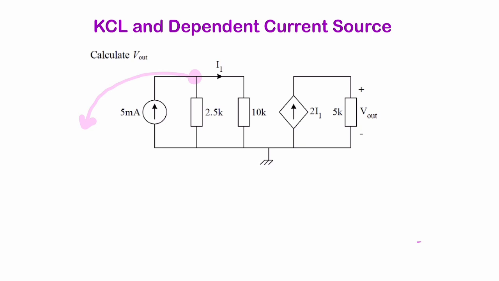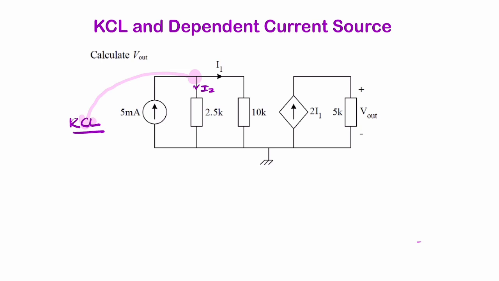Kirchhoff's current law says that the currents entering the node should be equal to 0. Let me label this current here as I2. So you've got 5 milliamps entering, and I1 and I2 exiting the node.